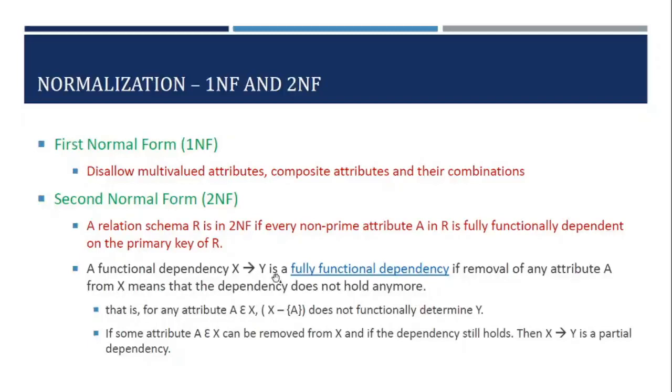If we consider the functional dependency X determines Y, it is called a fully functional dependency if, when we remove any attribute from X, the dependency no longer holds. If we remove an attribute A from X and it still determines Y, then that is called a partial functional dependency. Such a case should not be there.